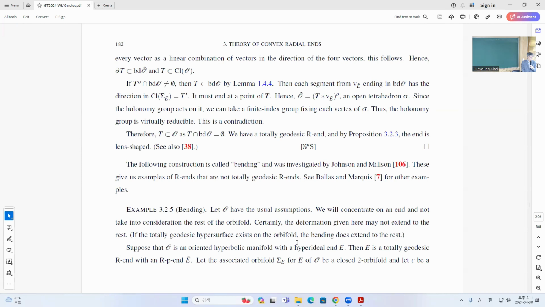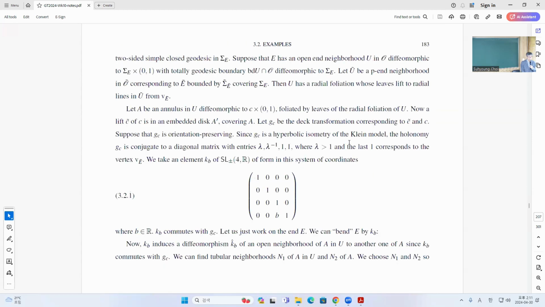And then you take some hyperbolic manifold with hyperideal ends, and then you can insert annuli. So you take some closed geodesic, and then you take it times [0,1], and then you complete it by adding along the radial foliation, and then you can cut this off and then reglue by these non-diagonalizable elements, which commute with the holonomy.